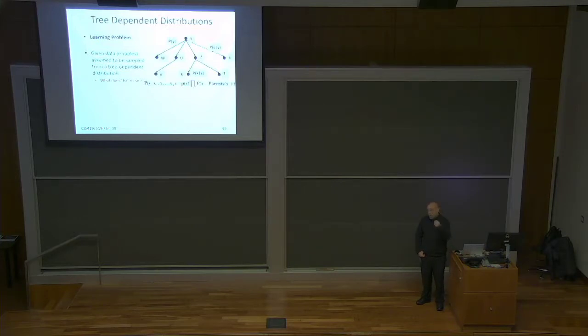I have y. Now I'm sampling w, u, z, and s according to the conditional probabilities given here. And once I have these values, I can sample v given P of v given u. I can sample t given P of t given z, and so on. So that's what it means to sample data.